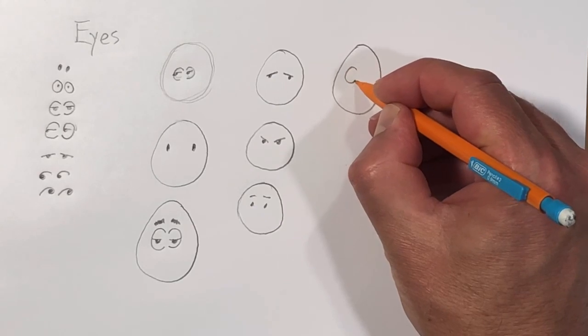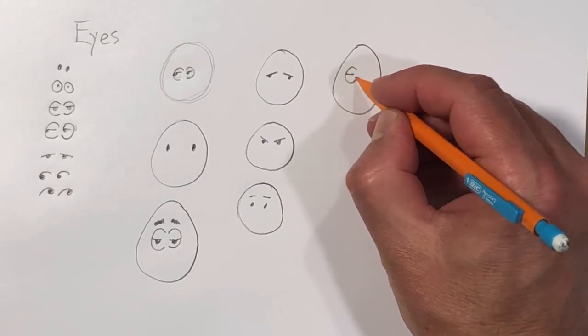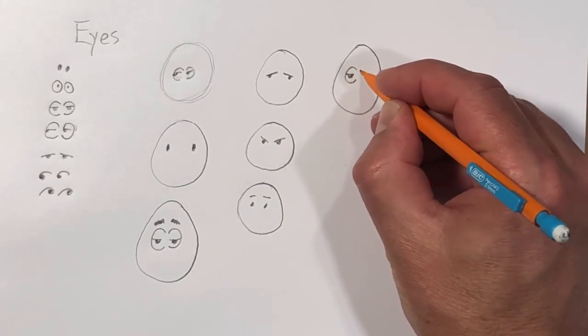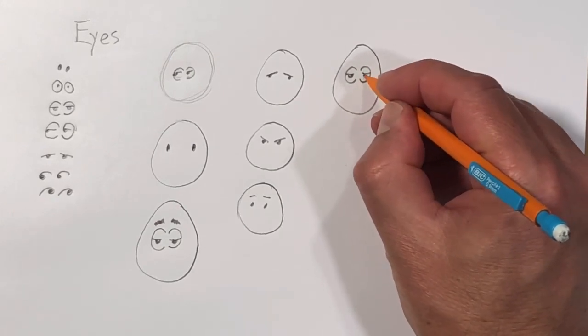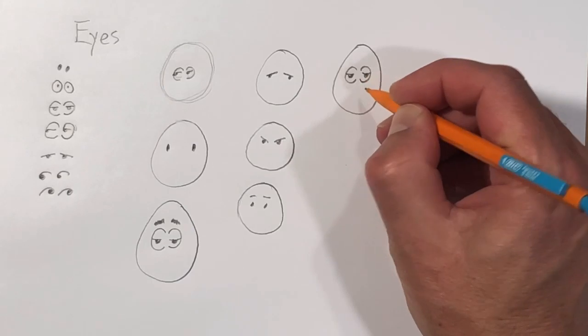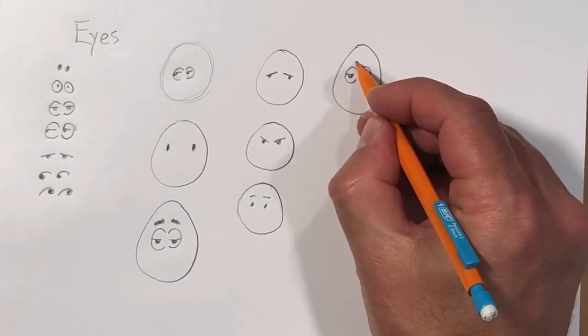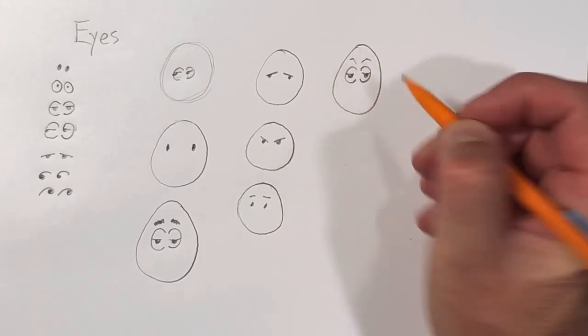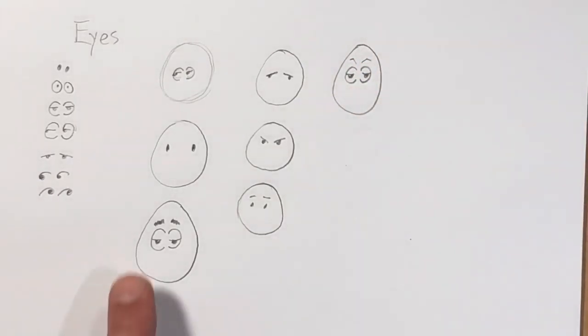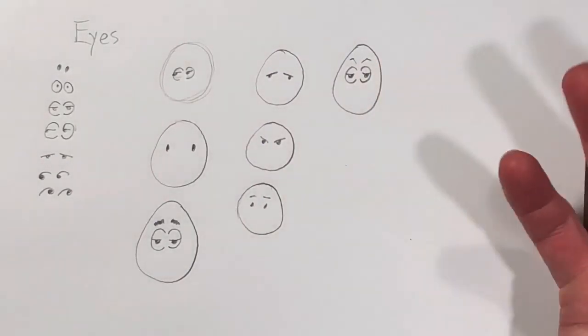Try to draw this almost identical as much as I can. Give it a little thin line like this. Everything's the same except for the eyebrows, but it gives it a whole different look.